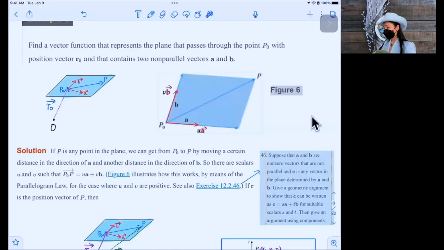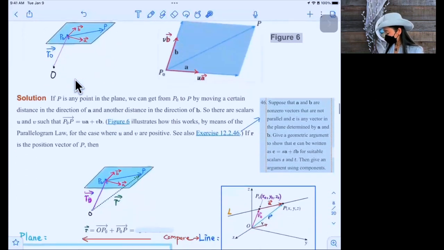To get the equation, think about if P is any point in the plane. Let's think about this point P on the plane. We're trying to find the x, y, and z coordinates of this point P. We can get from P naught to P by moving a distance in the direction of A and in the direction of B.